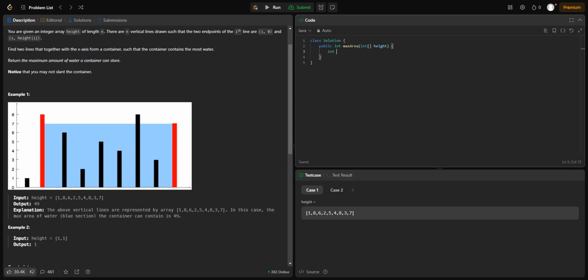So we're going to have int curmax equals 0, that's where we're going to store the current maximum, and then we are going to have int, we'll just call it head, or P1, and then we're going to have int P2 equals height.length minus 1, and then we're going to jump into our loop. We're going to say while P1 not equals P2.